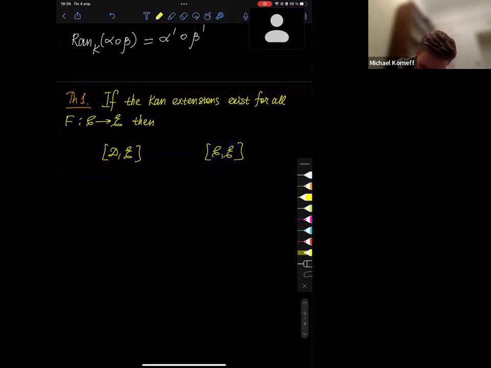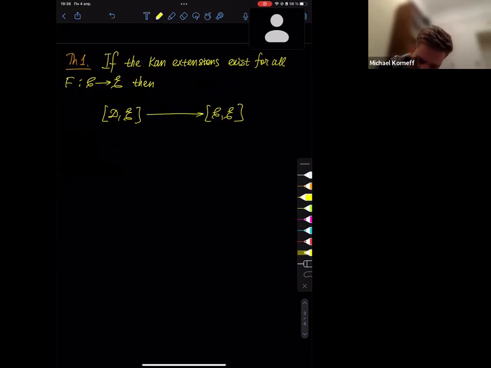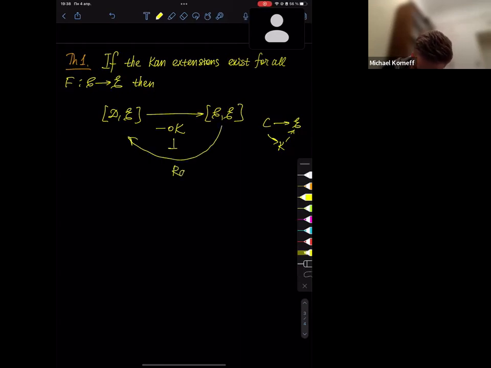Okay, we can notice that this map is a precomposition with functor K, and this functor is left adjoint to the right Kan extension functor, and it is right adjoint to the left Kan extension functor. Okay, let's prove this.